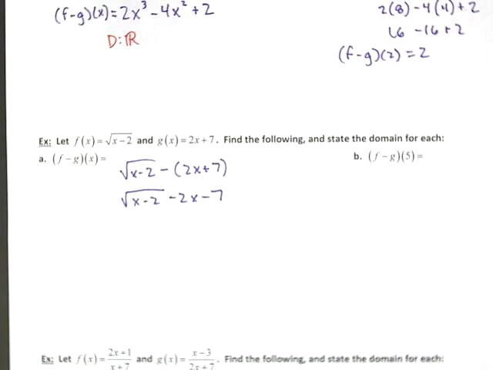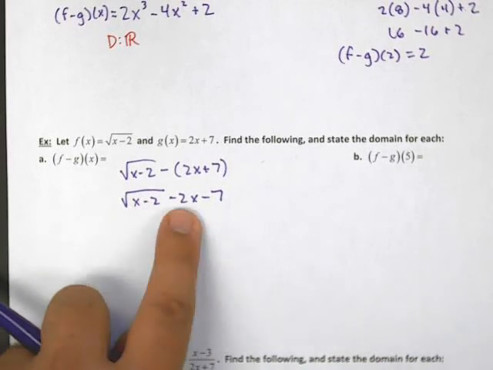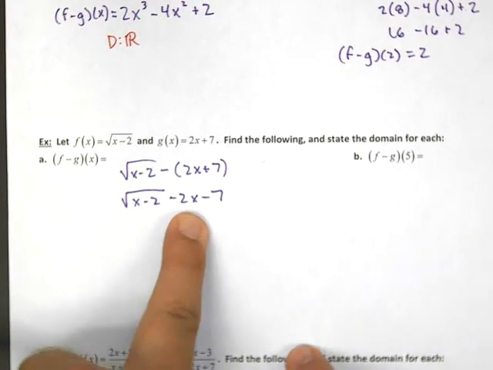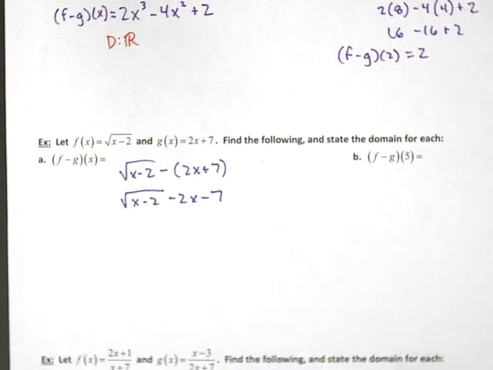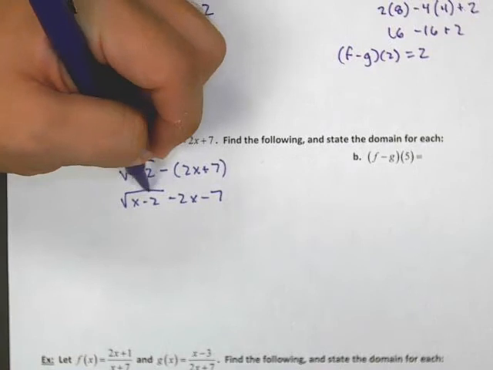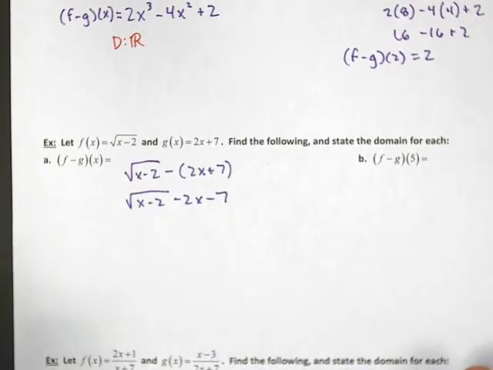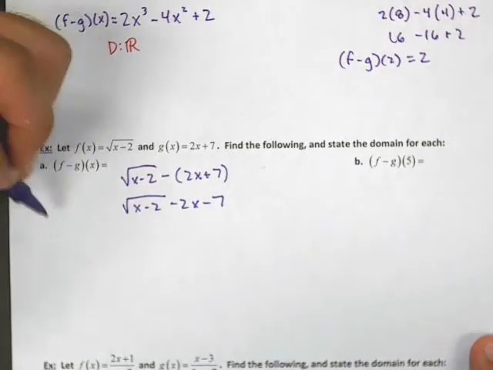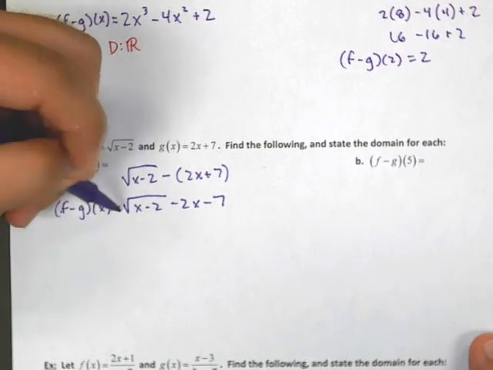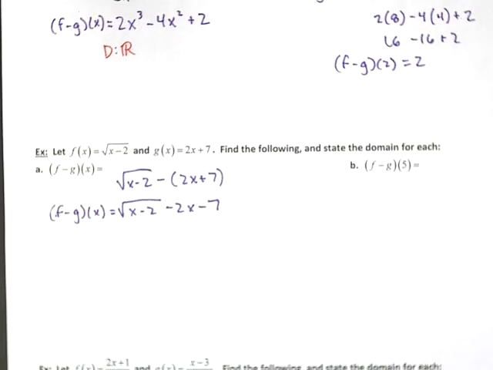All right? Be very careful here, guys. If there's an x under a radical and then an x not under the radical, we can't combine any of this together. So it's very important that you're careful how far your radical bar goes, because literally we are done with this. Alright, f minus g of x. That's our function. There's nothing else to do.